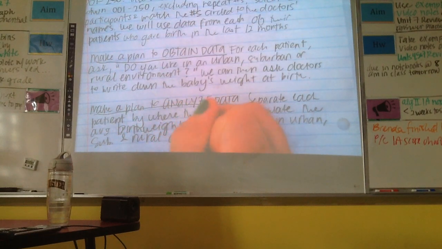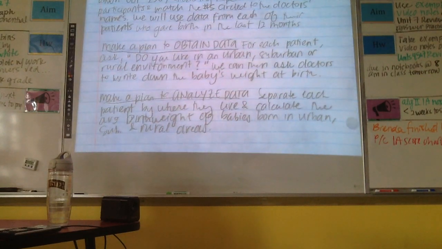If you find out that babies born in cities weigh 3 pounds on average less than babies born in rural areas, maybe that's an indicator that it's healthier to be pregnant in a rural area. Maybe you find that the average weight is very similar, and so maybe there isn't a huge effect on the location where you live and one measure of healthiness.